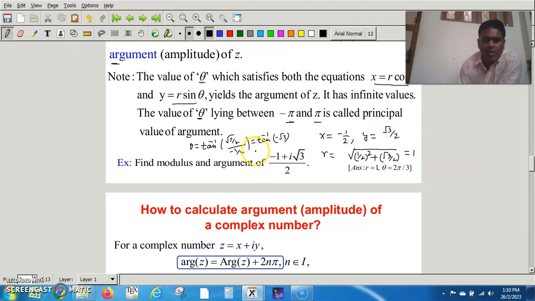We know that tan inverse of minus theta is equal to pi minus tan inverse theta. So you can write it as pi minus tan inverse root 3, and tan inverse root 3 is nothing but pi by 3, that is 180 degrees divided by 3, and ultimately you will get 2 pi by 3. So this is the argument of the complex number, 2 pi by 3, and 1 is the modulus of this complex number.